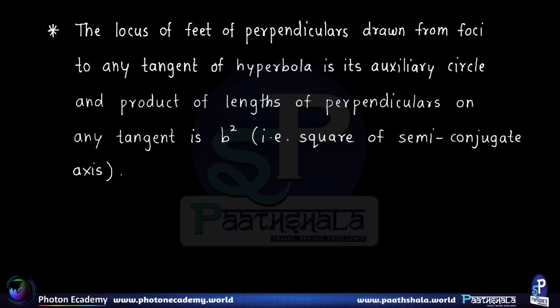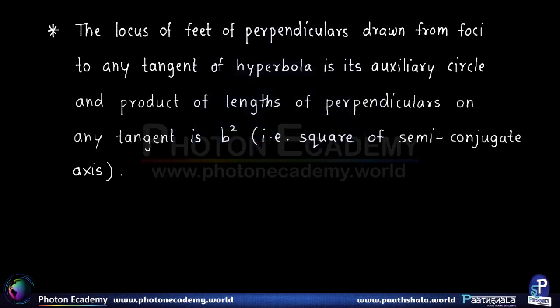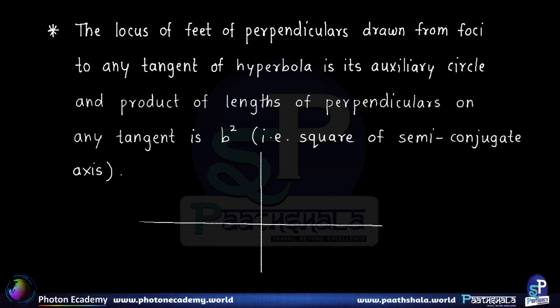Moving on, the locus of feet of perpendiculars drawn from foci to any tangent of hyperbola is its auxiliary circle, and the product of lengths of these perpendiculars on any tangent is B square, that is the square of semi-conjugate axis. So let's understand what this means. This is a hyperbola.